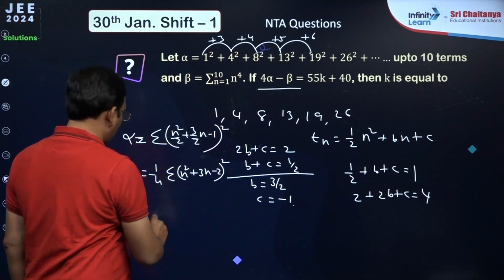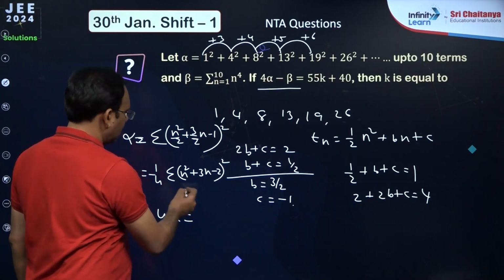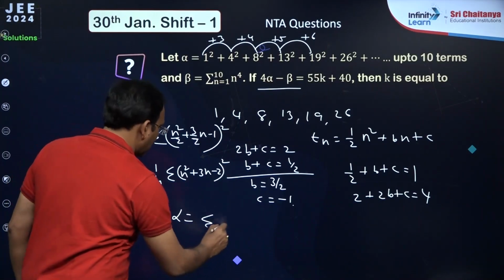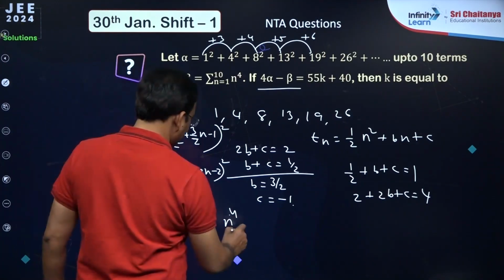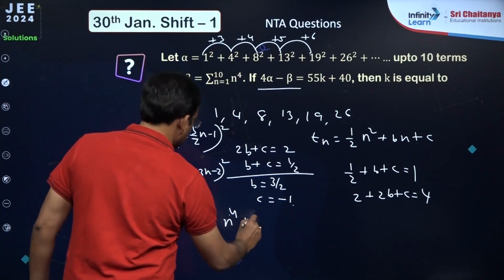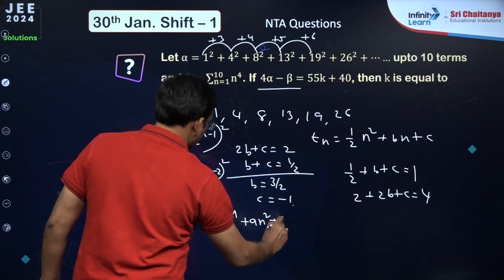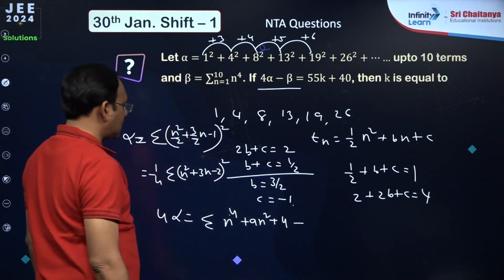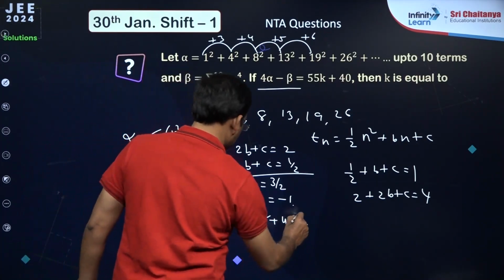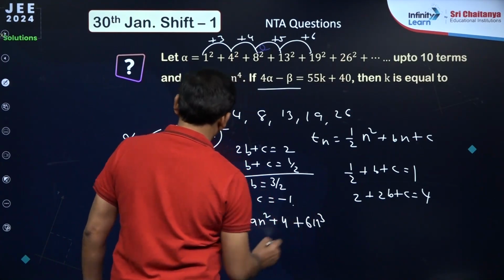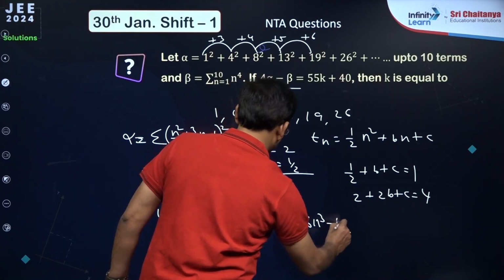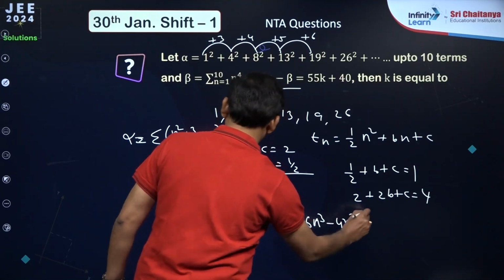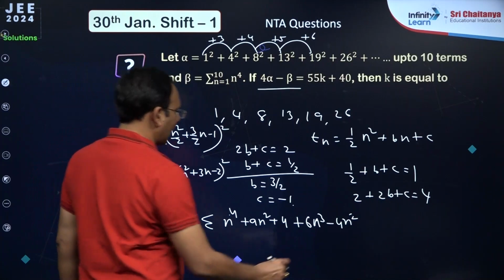In fact, 4 alpha is going to be this sigma, means sigma of n power 4. You can write like, you can expand this, my dear friends, which is 9n square plus 4 minus, you can say, plus 6n cube, you can say minus 4n square, yes, minus 12n.